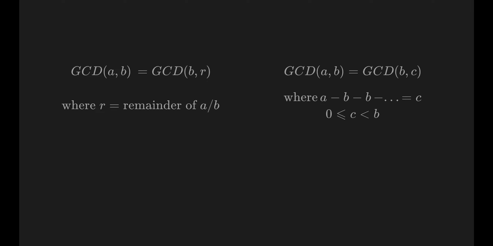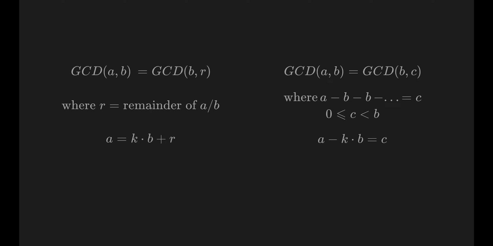Now, you might see the algorithm explained elsewhere using the remainder of A divided by B. Using the remainder is just a faster version of the algorithm we described using subtraction. On the left, we're saying that the smaller number b goes into the larger number a, k times with some remainder r, so a equals k times b plus r.